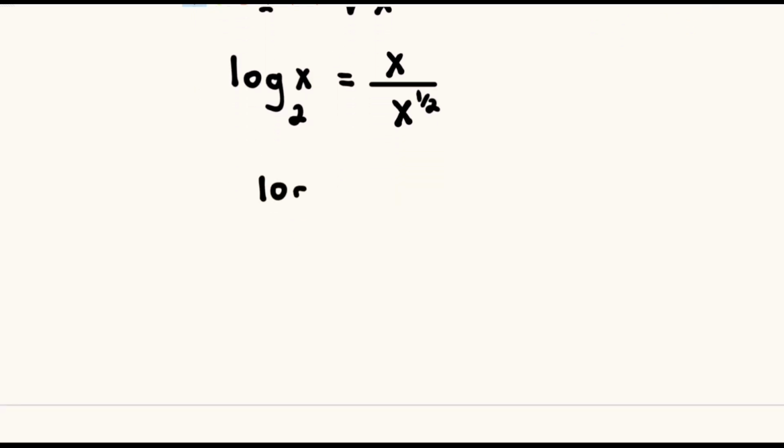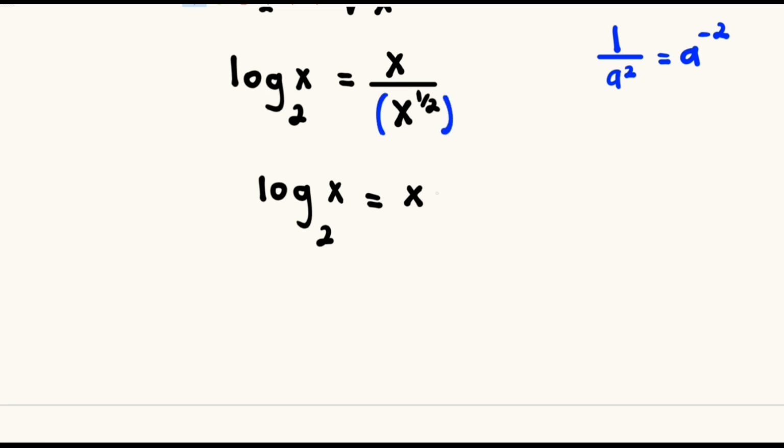We have the log of x base 2, which will equal x, and remember, if we have 1 divided by a raised to the power 2, this will equal a raised to the power negative 2. In the same way, the x raised to the power half, from the denominator to the numerator, the exponent will change sign from positive half to negative half.